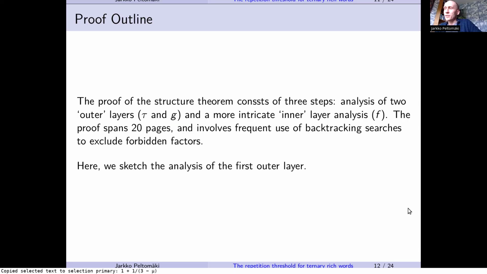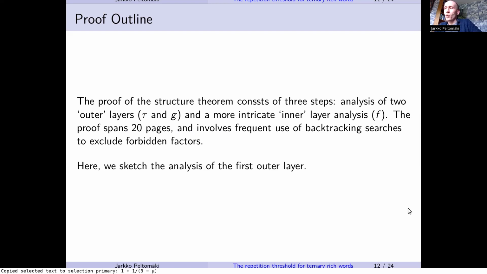The thing is that the proof is quite technical. It's something like 20 pages of quite technical observations. We use a lot of computer searches, backtracking, things like this to check if some factors are unavoidable.